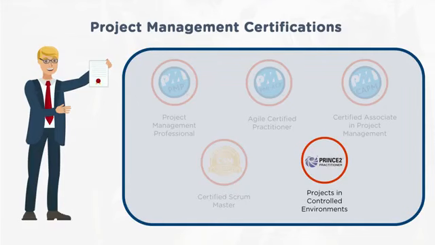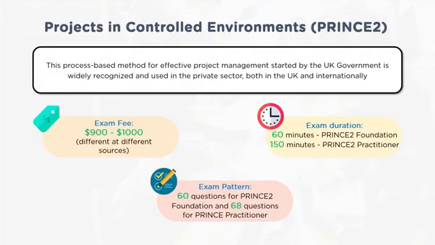Then Projects in Controlled Environments, that is Prince2. Prince2 is a method which is effective mostly from the base of UK. All the organizations from the UK region prefer to have Prince2 certification, and it is as popular as any other project management certification like PMP. The examination fee would vary from $900 to $1,000 depending on where exactly you're taking the examination, and certification happens at 2 levels: one is foundation level and the other is practitioner.